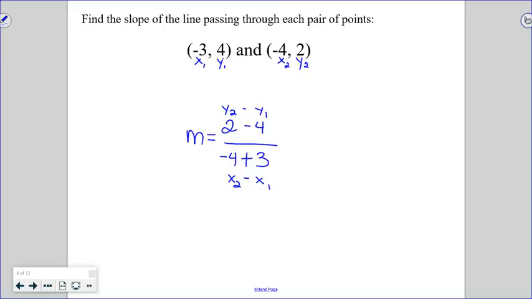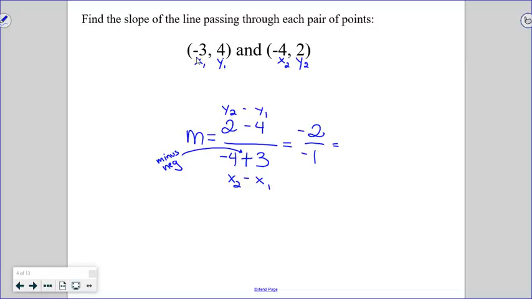I just want you to make sure that I'm not adding a positive plus into the formula. Cleaning that up, 2 minus 4 is negative 2. Negative 4 plus 3 is negative 1.